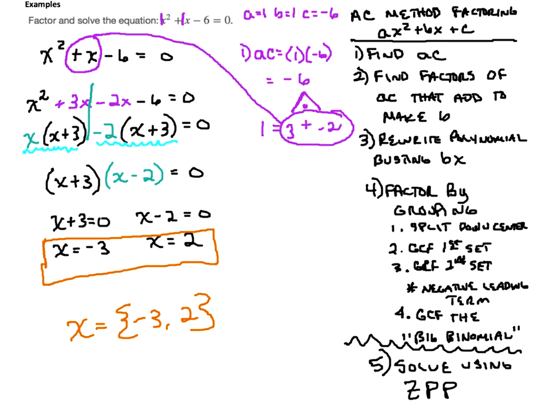So we hit the AC method. The AC method is used for ax squared plus bx plus c. We also hit up factor by grouping, and you'll know to use grouping when you have 4 or more terms.